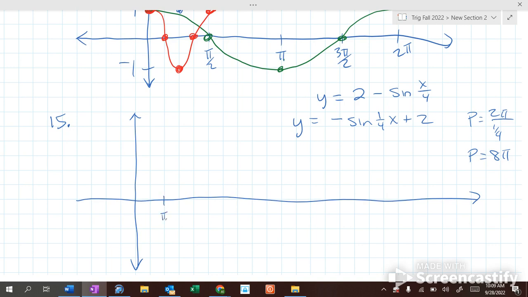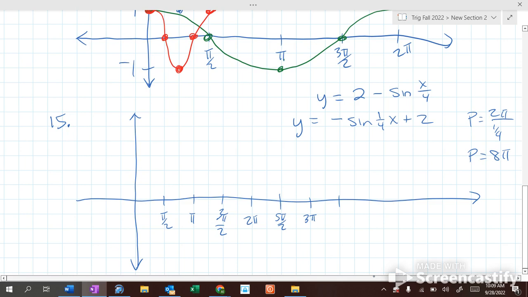So if I go pi over 2, pi, 3 pi over 2, 2 pi, 5 pi over 2, 3 pi, 7 pi over 2, that's still not even going to fit in there.